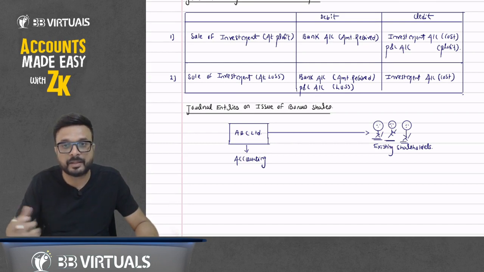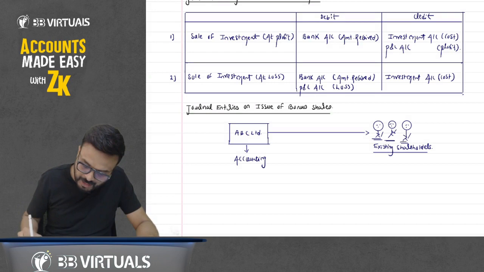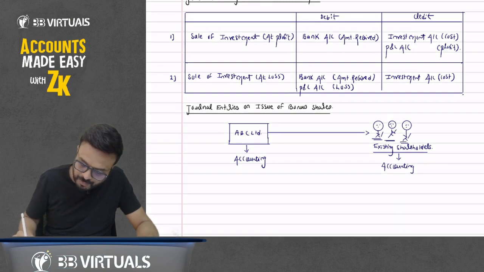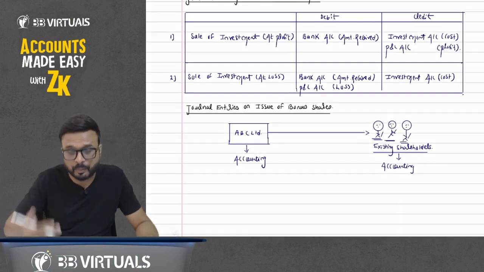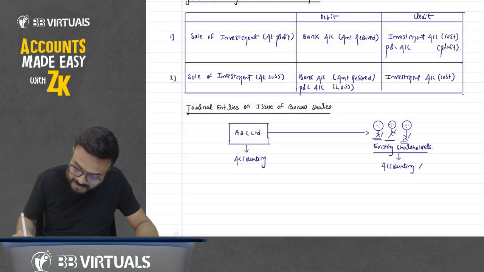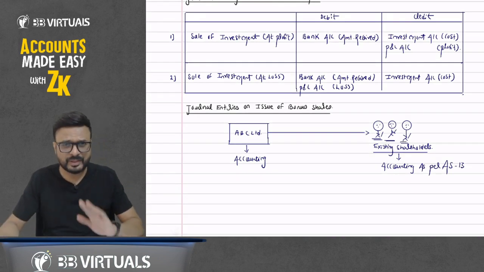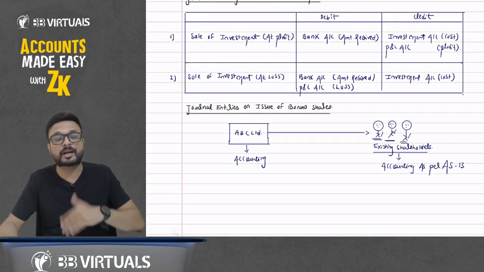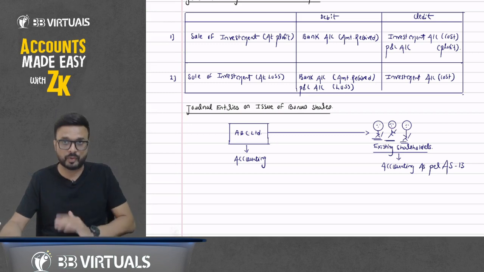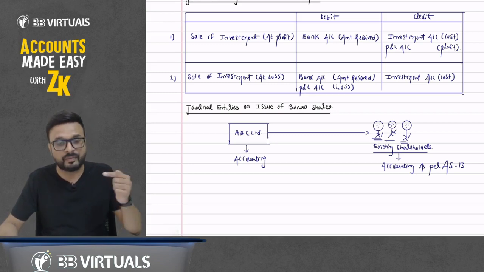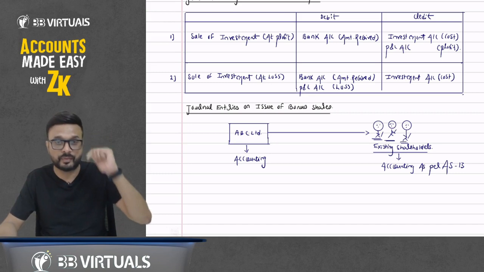What entry will ABC Limited pass? What about the existing shareholder? The accounting of shareholders, those who are receiving these bonus shares, they will do as per accounting standard 13, that is accounting for investment.